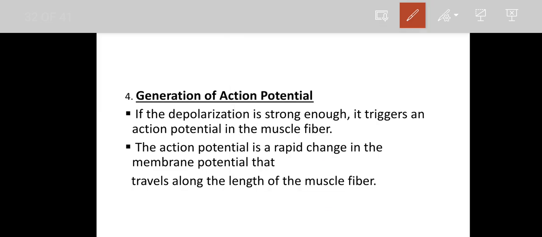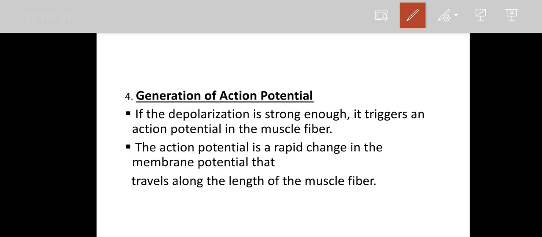So we have generated an action potential because the stimulus is enough to generate one. It's rapid, so now there's going to be a change in the membrane potential. That's what we describe as an action potential, because there is an unequal distribution of ions, and that brings about a potential difference.